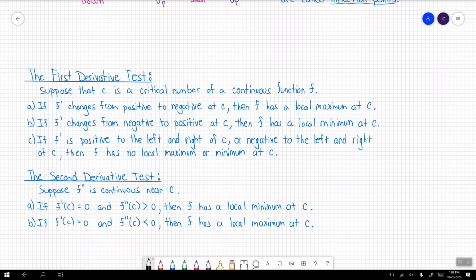The first derivative test tells us that suppose that C is a critical number of a continuous function, f.